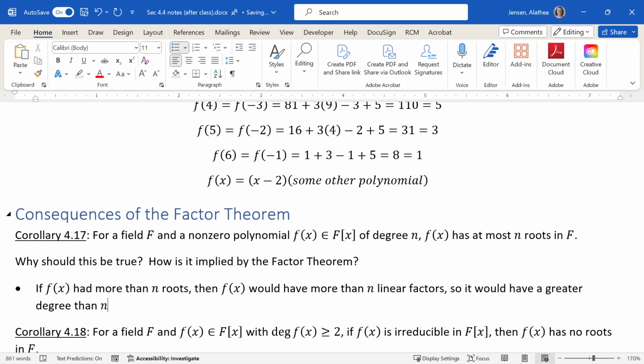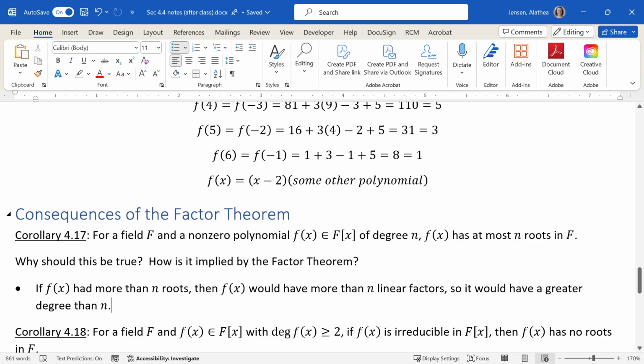Right? Because you don't lose degree when you're multiplying together factors. Each linear factor has degree 1, and that doesn't get lost because there's no zero divisors. You can't multiply non-zero things together and have them cancel out and become 0. So whatever the degree of those linear factors is, that adds up to the total degree of the product.